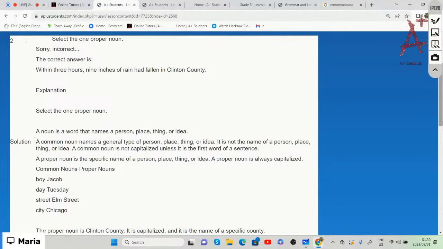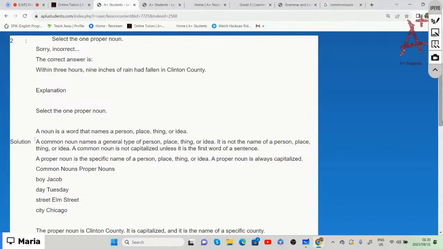So now we're first going on to a common noun. A common noun names general types of things. A general person, a general place, a general thing, or even a general idea, right? So that is common nouns.